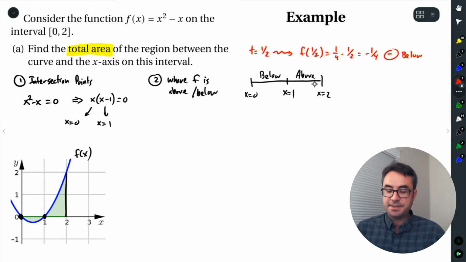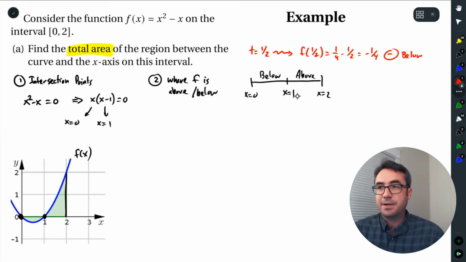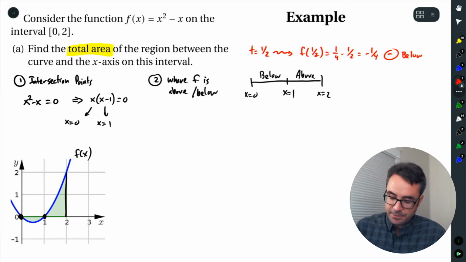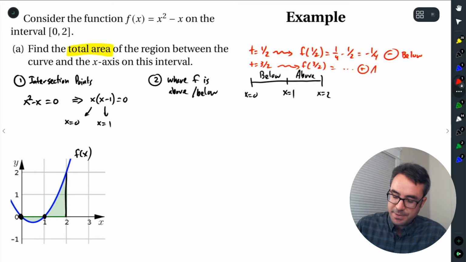And if we wanted to test the other interval, pick a number somewhere in between 1 and 2, maybe like 3/2, plug it in, and if it's above, you should get positive. What you should find is that it should be positive, which means above.